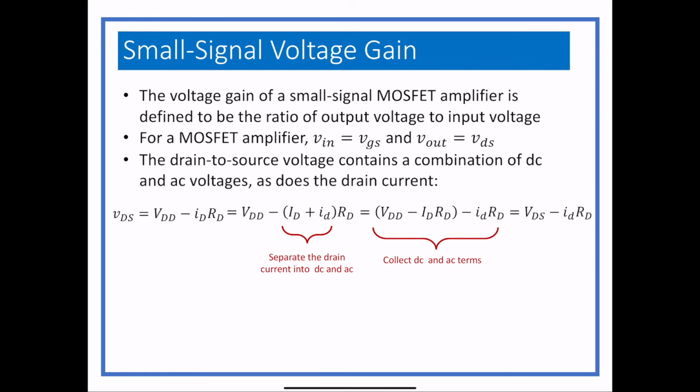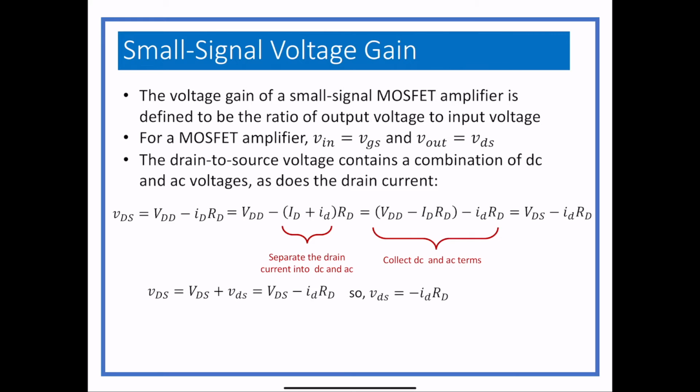But once we've done that, we can figure out vDS, because it's a combination of the two. And we have VDS minus iD RD. So basically I took two different equations that determine what vDS is, because I really want to know what little v, little d, little s is, which is minus iD RD.